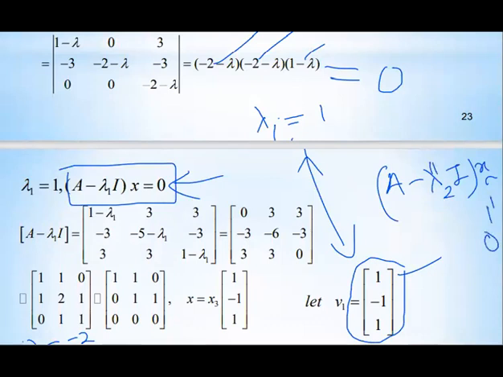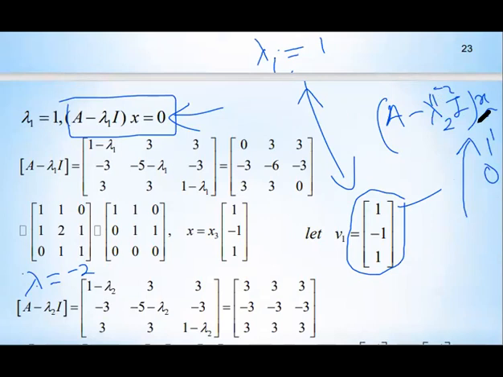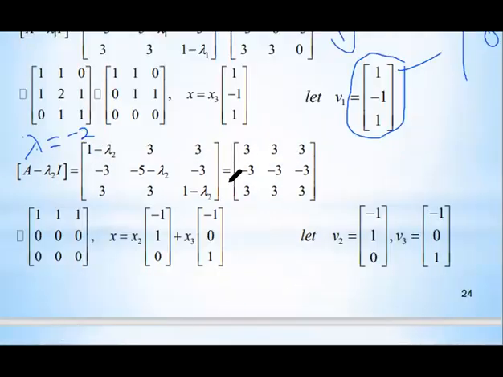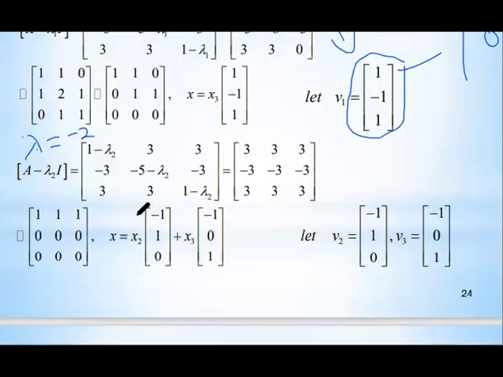This time lambda is minus 2, and you get a linear homogeneous system of simultaneous equations. Same thing: find the solution to this system. The solution set would be this one, and these two vectors are the basis of the solution.